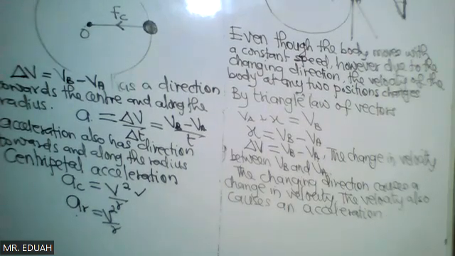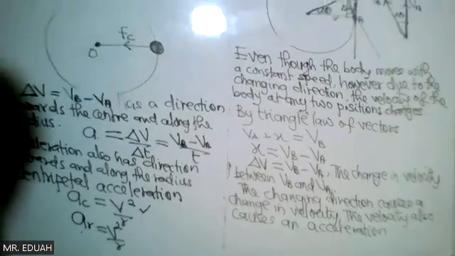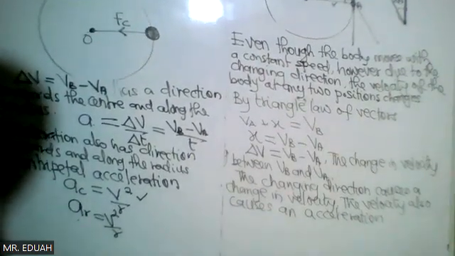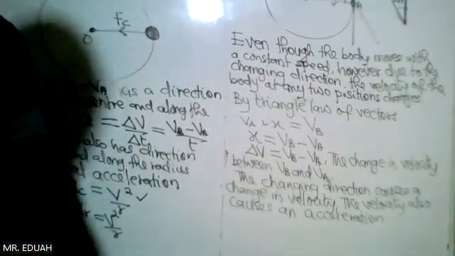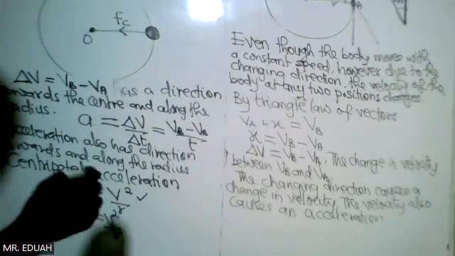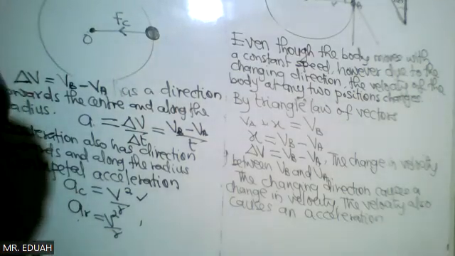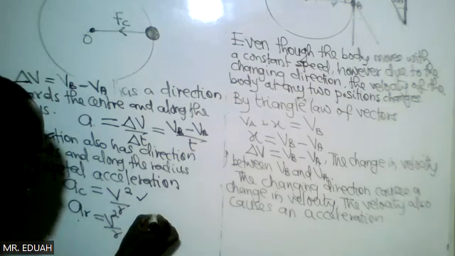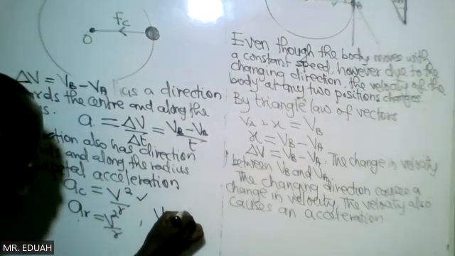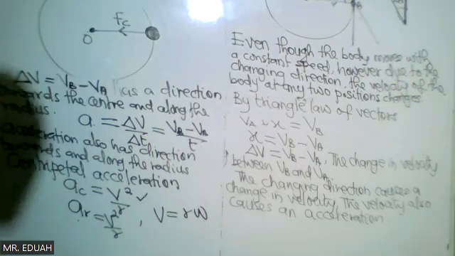All right. Now, the last part. Another formula for this is that linear speed or velocity V is equal to R times omega.